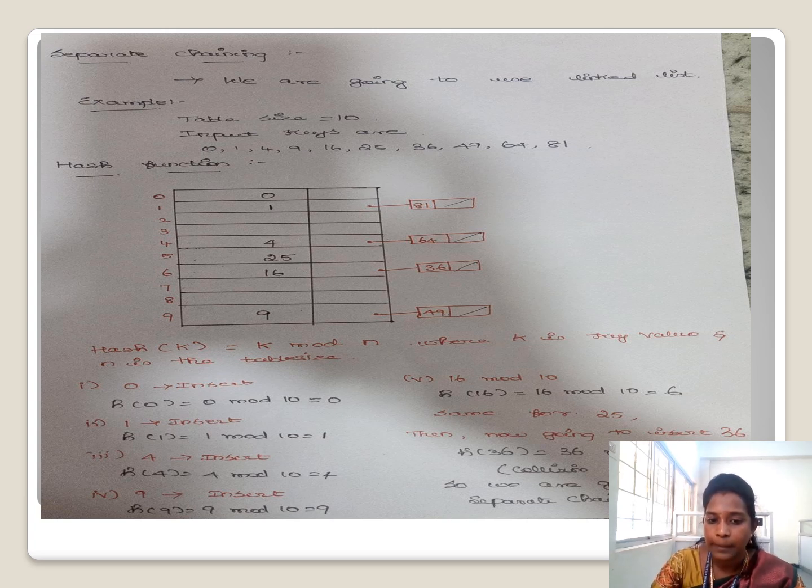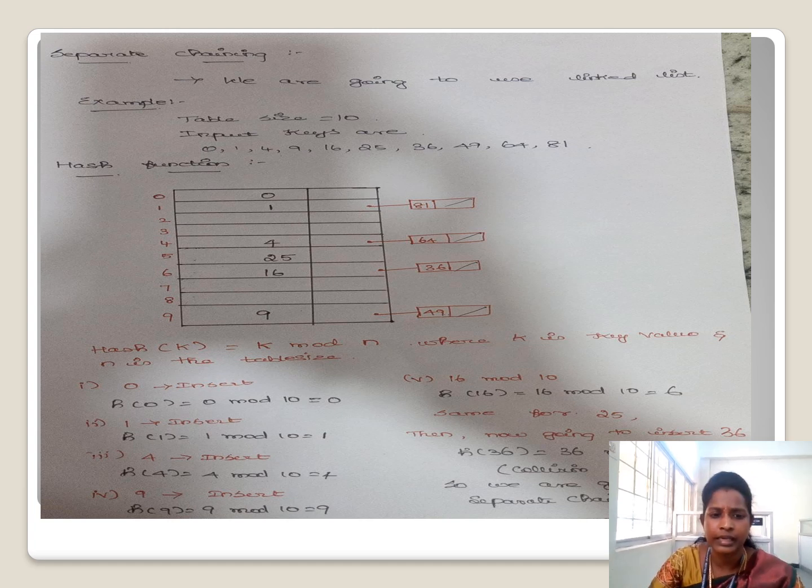In separate chaining, because we are using a linked list, we assign a separate chain, a separate link, and insert the value in it. The data is stored at the same index, but in a separate linked list.